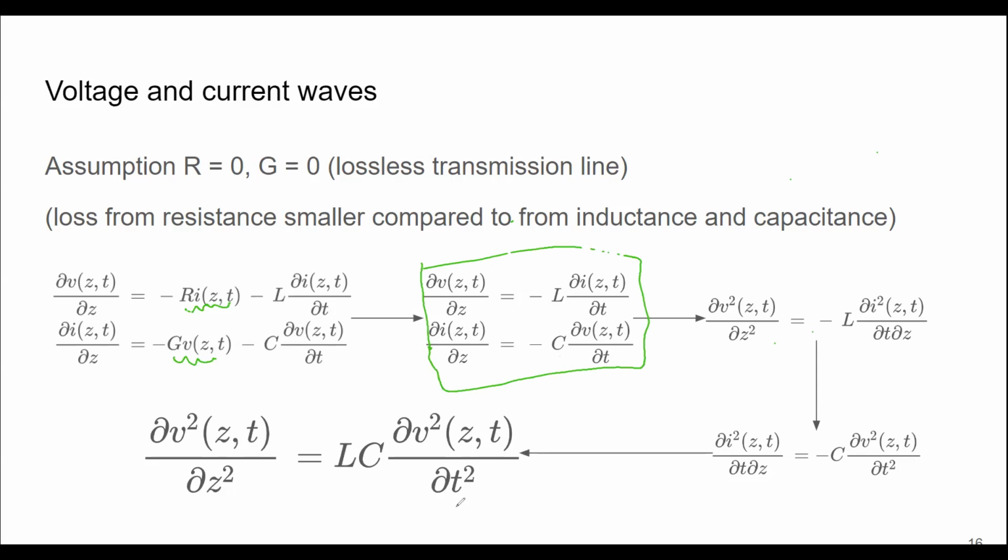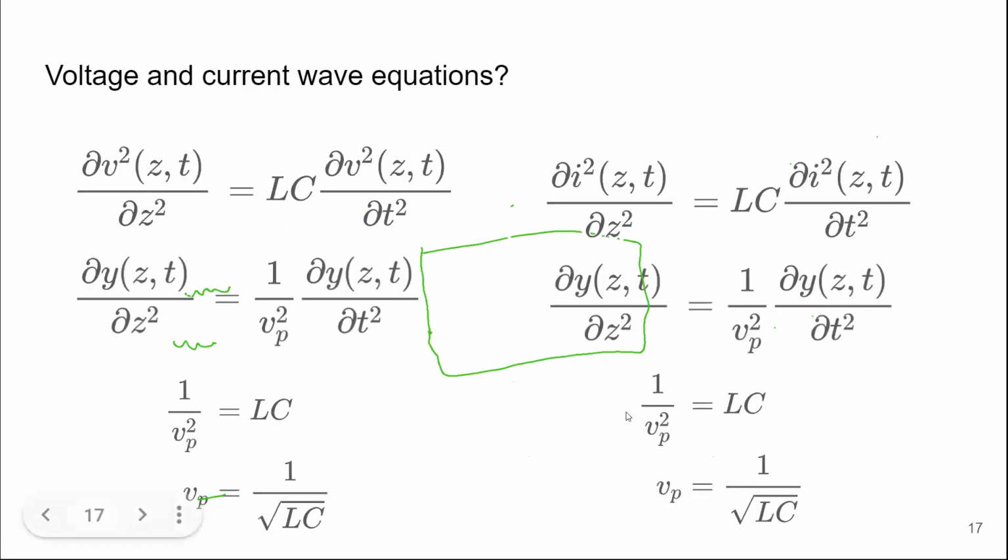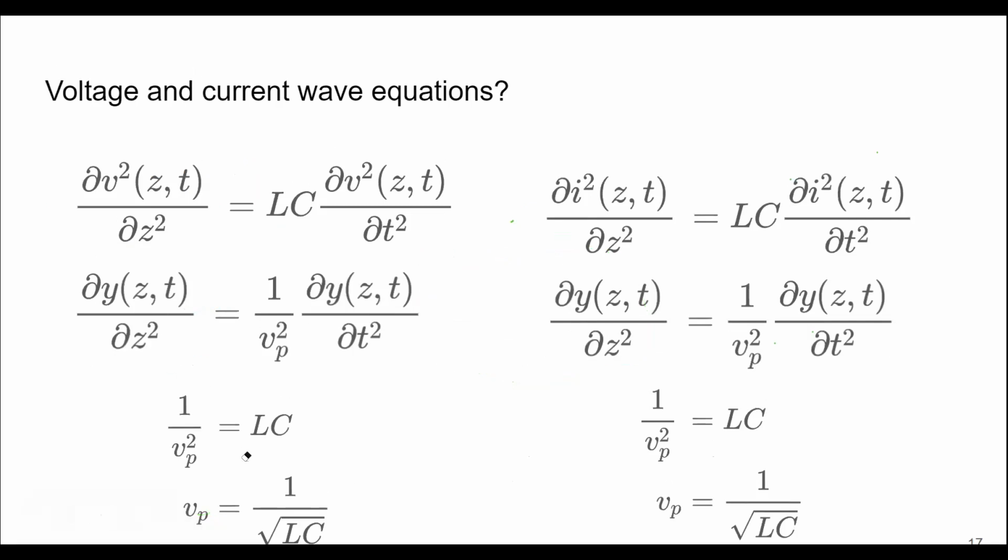Once we get the equation, we can see that the voltage behaves with respect to position and with respect to time in this relationship. And then we can show by the laws of physics that the voltage behaves as a wave in this transmission line scenario, right?